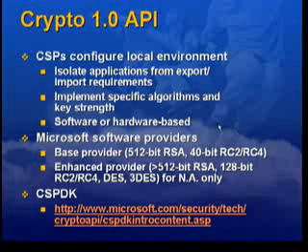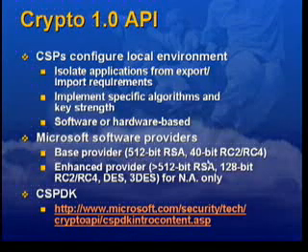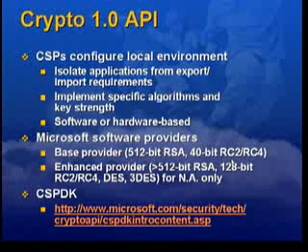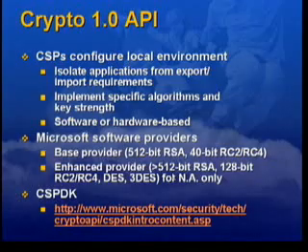So as I mentioned before, the base provider has 512-bit RSA and 40-bit RC2 and RC4. And the enhanced provider contains greater than 512-bit RSA. The most common is 1024.